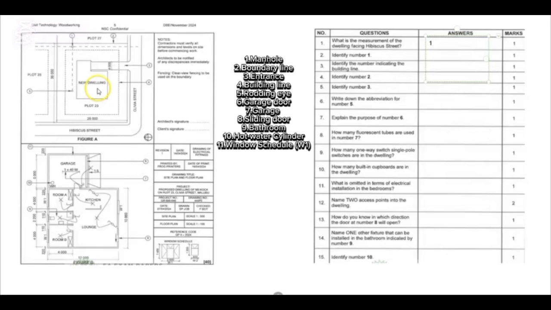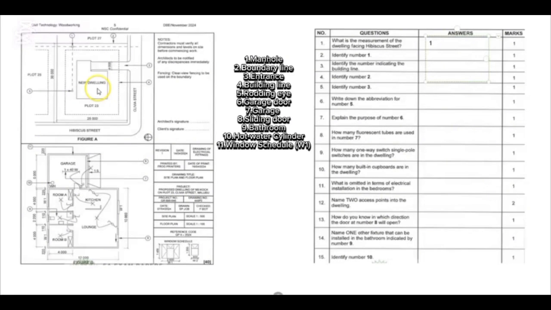And while you're still on figure A, don't forget to also check the north point. That arrow symbol usually in the corner of the drawing. It shows which direction is the north, and it helps you know where east, west, and south are. That's going to be very important when answering questions like which plot is on the eastern side of plot 23 later on.